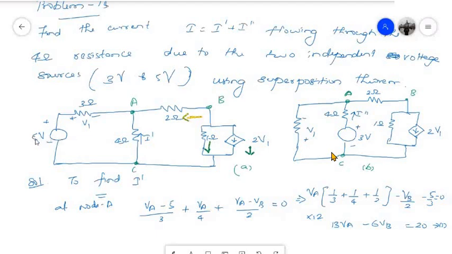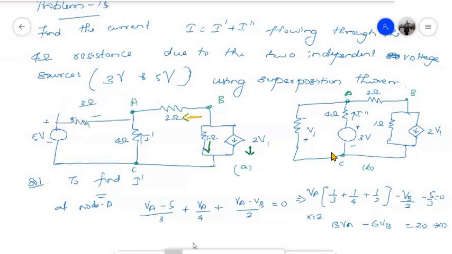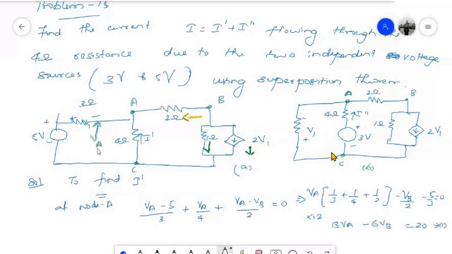If you subtract this V1, that is the voltage drop across this 3 ohm resistance, from the voltage 5 V, you will be getting the voltage that is actually appearing across this particular point. So that will be your VA. So this VA is nothing but 5 minus this V1.